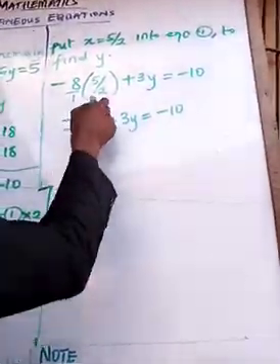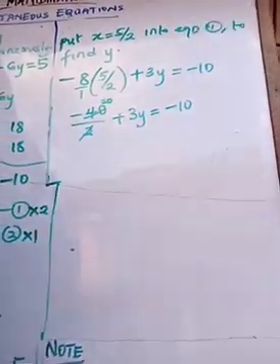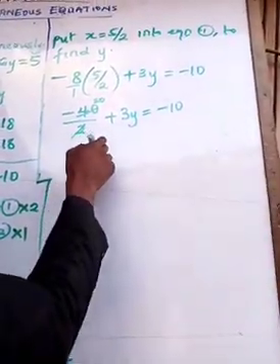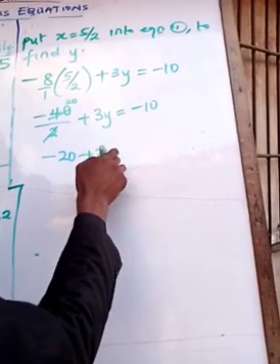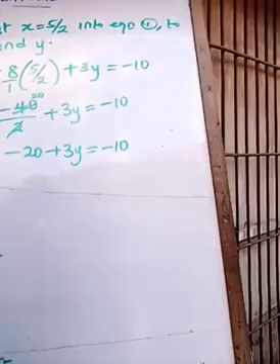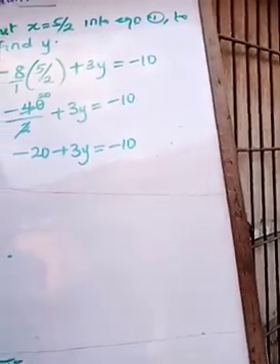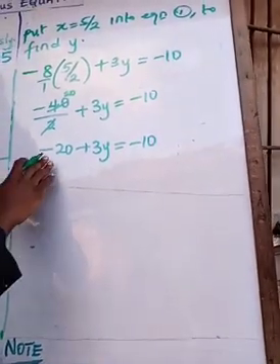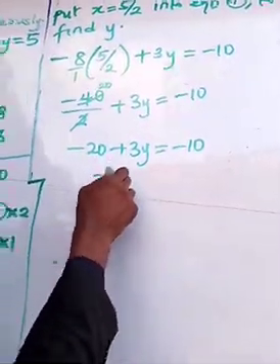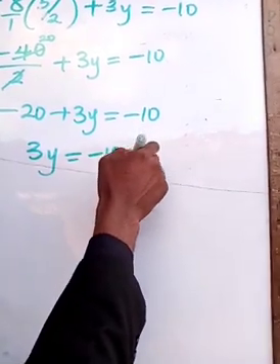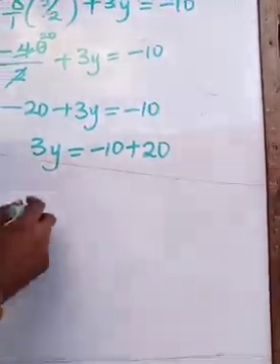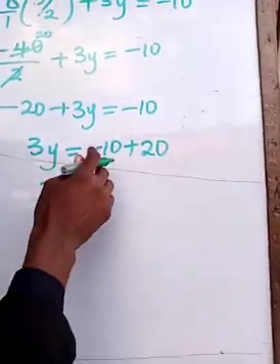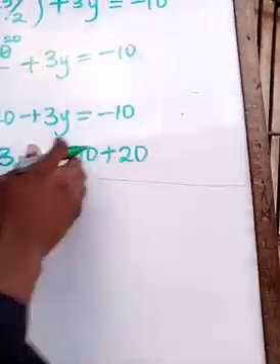So 2 can go in 40, 20 times. So we have minus 20 plus 3y is equals to minus 10. So if this goes to that side, it becomes plus. So you have 3y equals minus 10 plus 20. You are owing 10 but you have 20.